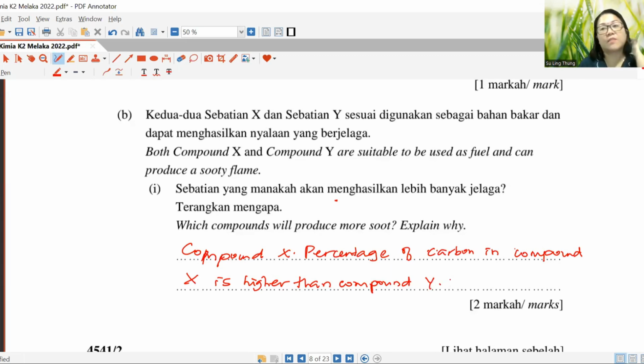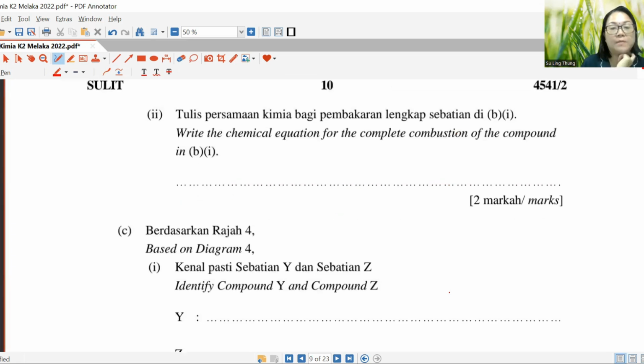The real reason is because of the percentage of carbon, since carbon is the one that actually contributes to the soot. All right, that's for B.